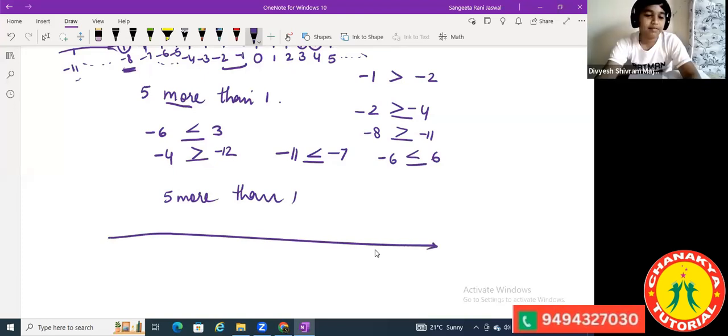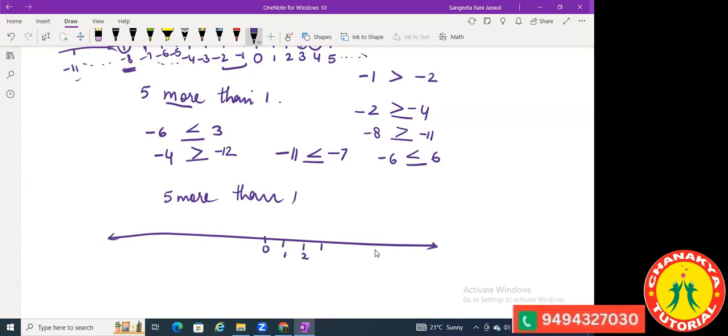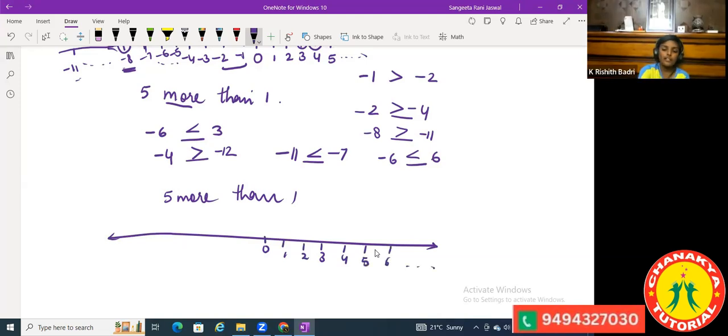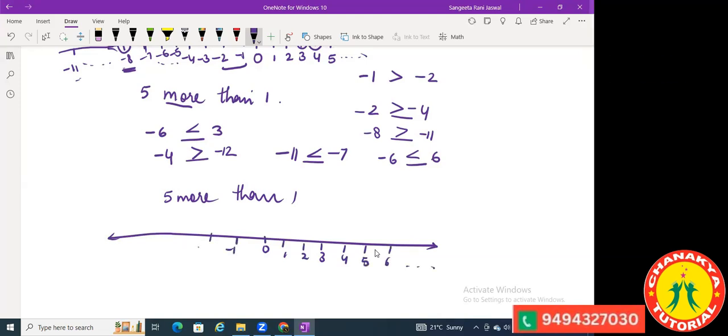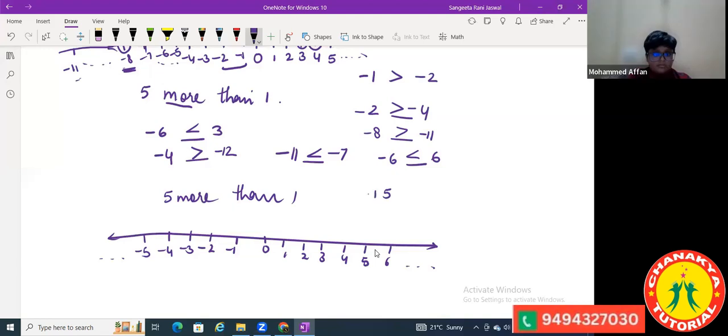We should add 5 to 1, so we will be jumping on the number line. 5 more than 1 is 6.